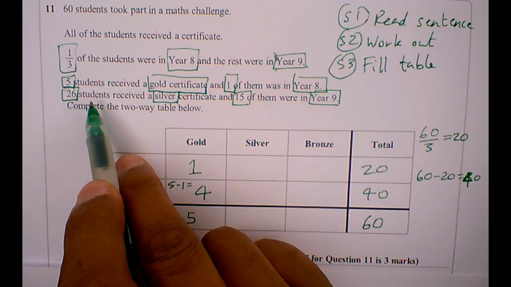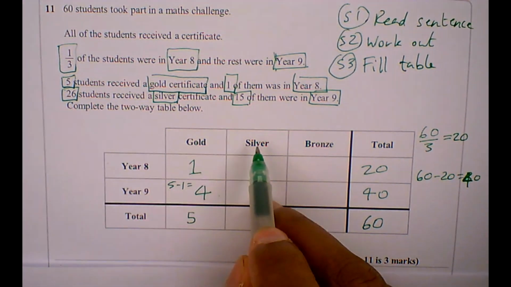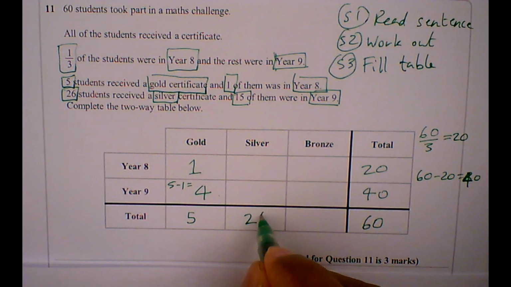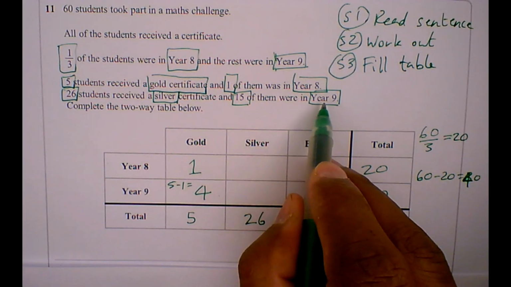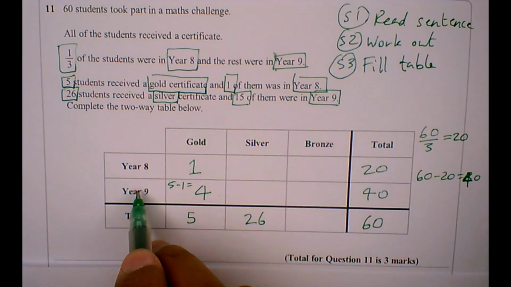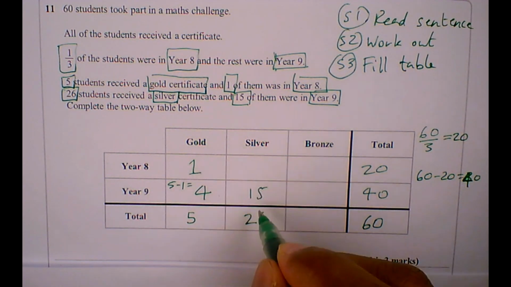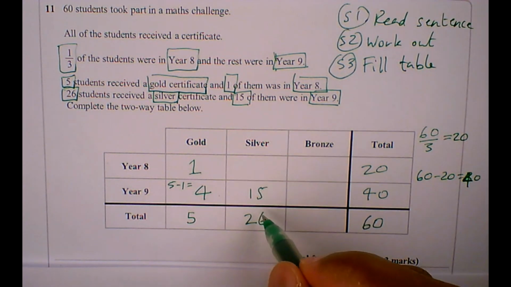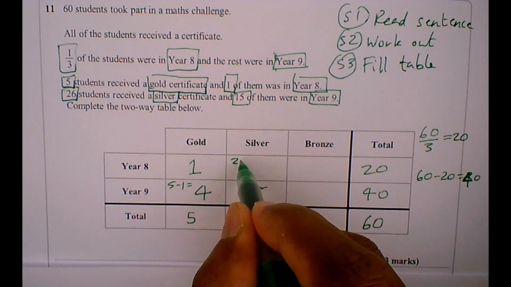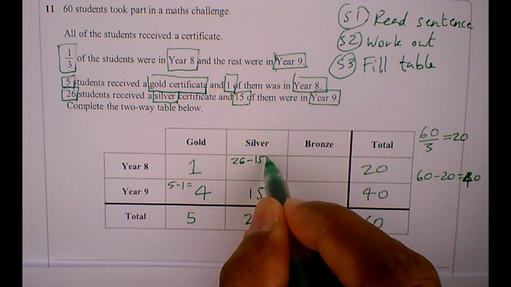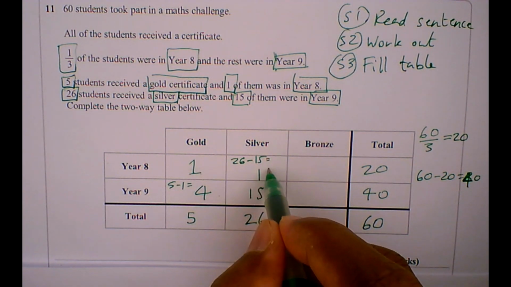So silver has 26 as a total. 15 of them were in Year 9, so Year 9 has 15. And you can spot, I can work out this box because I've got one unknown. So this box will be 26 take away 15. That gives me 11.